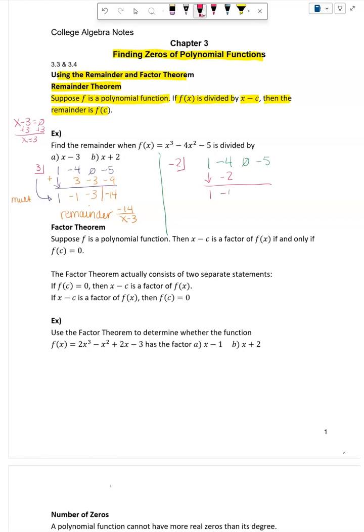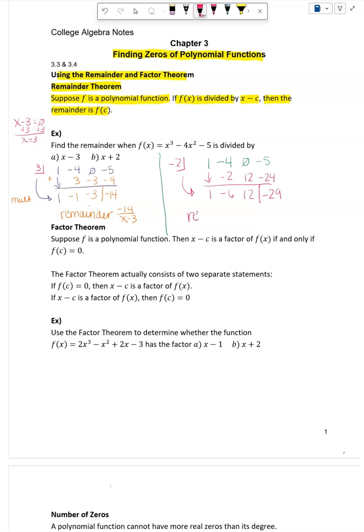This is going to give us a negative 6. Remember, we multiply it this way. Negative 2 times negative 6 is a negative 12. I meant positive all day long. So this is going to be a positive 12. Negative 2 times a positive 12 is a negative 24. So our remainder is a negative 29.